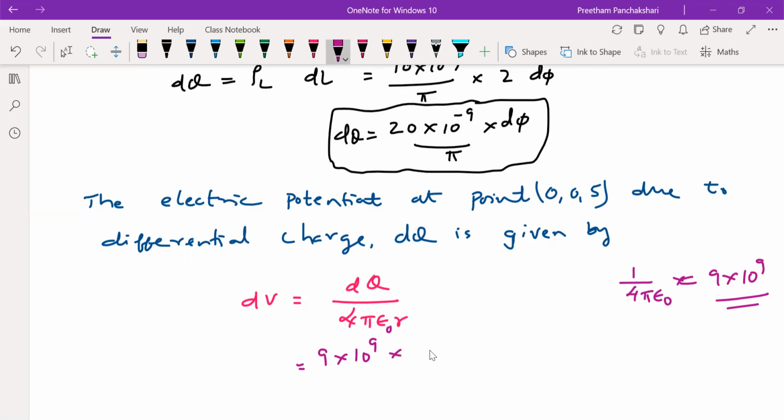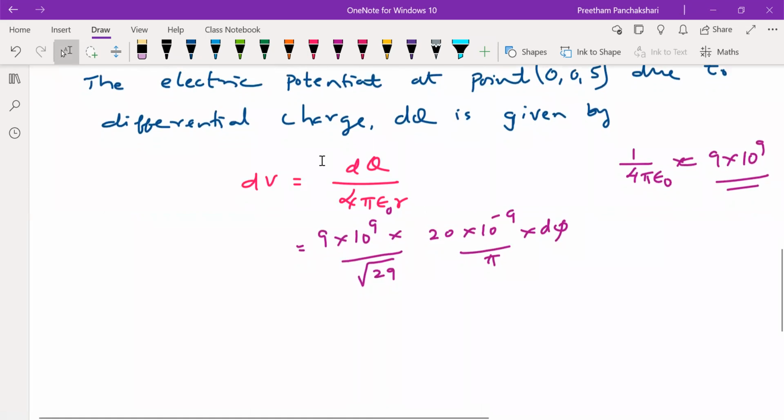We have the expression here, 20 nano into d phi divided by pi. So that forms dq. And r is the distance, that is root 29, because it is root of 5 square plus 2 square. 5 square is 25, 2 square is 4, totally 29. This is the r.